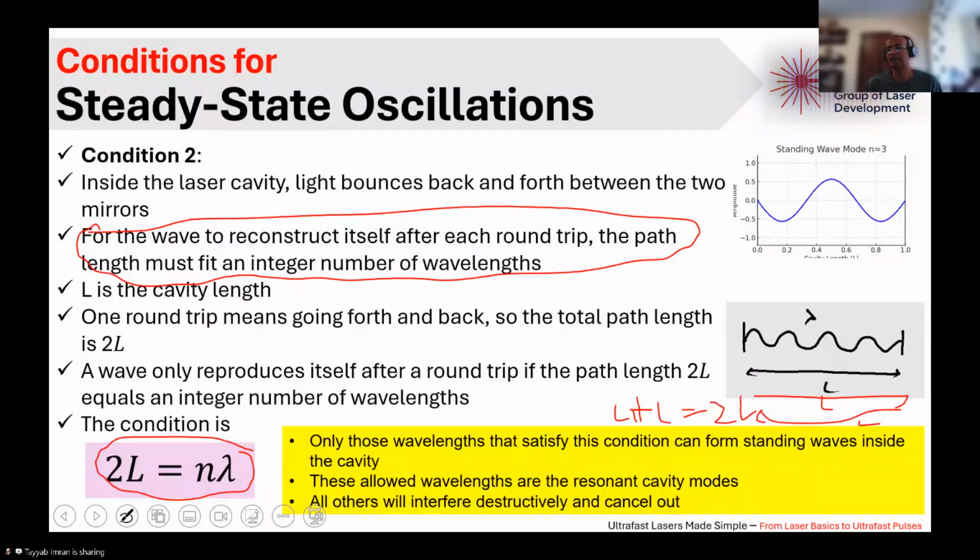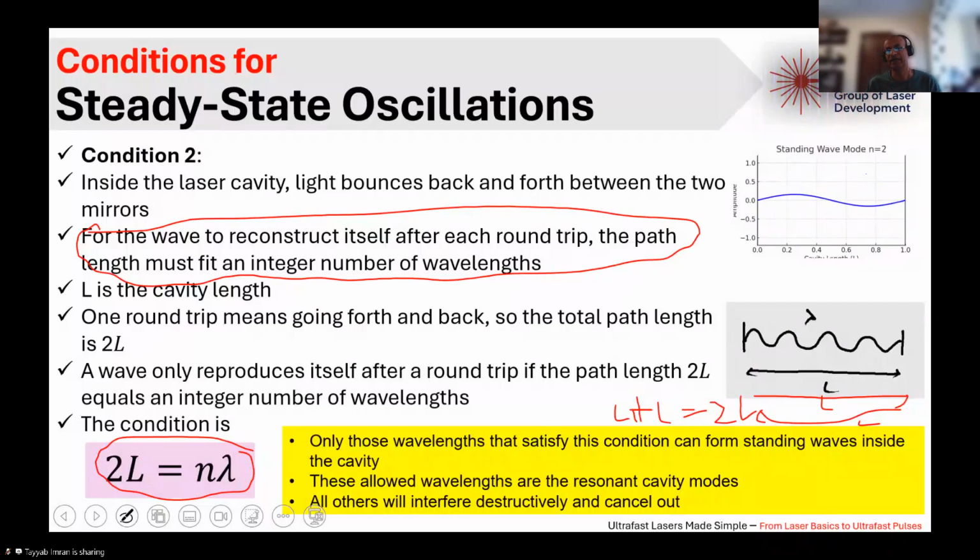n1 lambda is equal to 2L. n2 lambda is equal to L. n3 lambda is equal to 2 by 3 L. So for the wave to reconstruct, it hits from one mirror to another mirror.